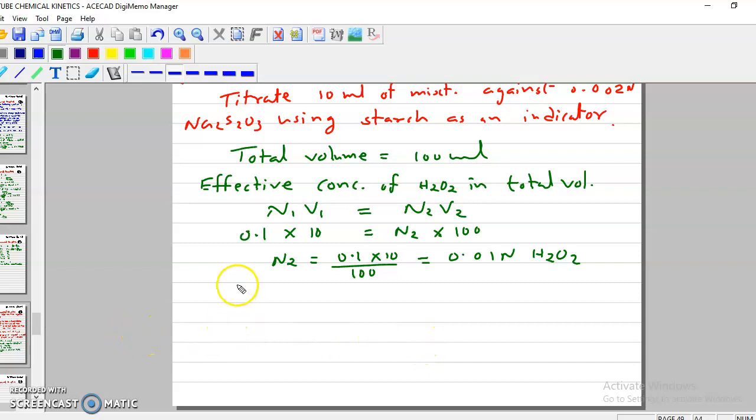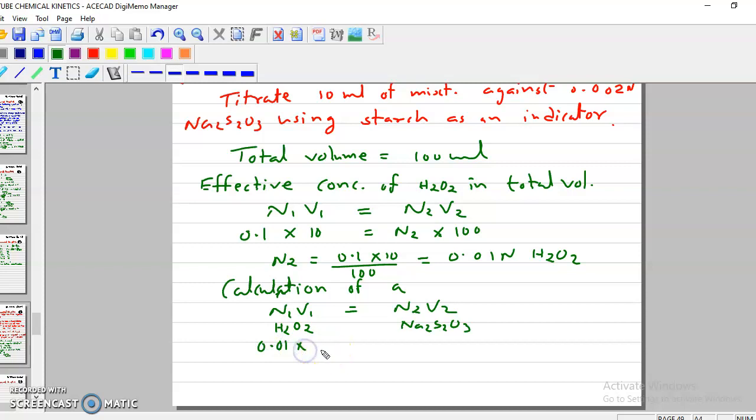Now we will go for calculation of a. Again we write N1V1 is equal to N2V2. N1V1 is for hydrogen peroxide, N2V2 is for sodium thiosulfate. N1 is the effective concentration of H2O2, 0.01. Volume we have to prepare is 10 ml, so V1 is equal to 10 ml of the mixture.